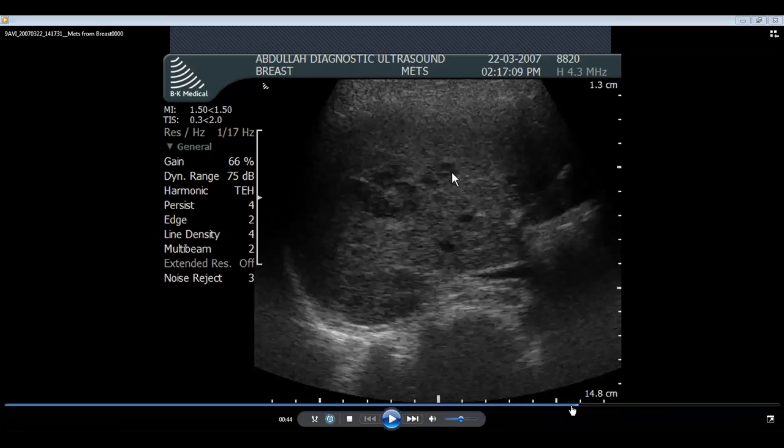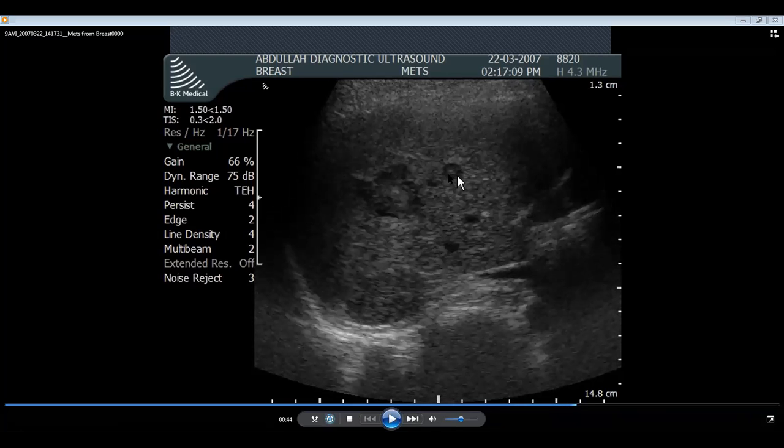If you closely look at this very small bright nodule, which is malignant, it also is surrounded by a black halo. This tumor is again surrounded by a black halo.